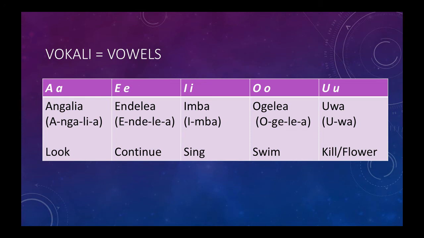O, ogelea, ogelea means swim. U, uwa, uwa. It could be either kill as well. It means flower. This is the table, shows the vocali and the words.